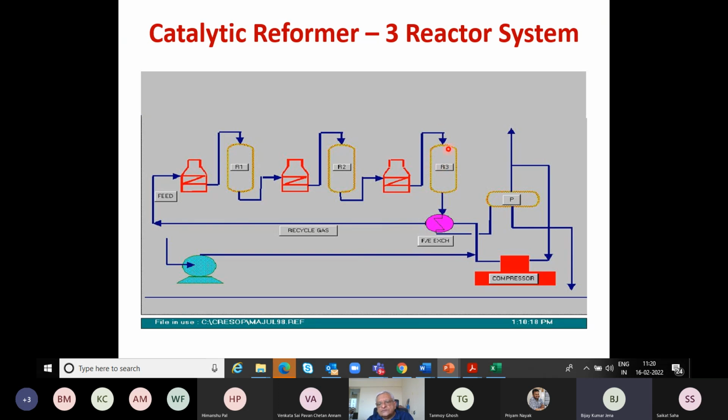So this feed goes into the reactor, and this reactor outlet is pretty hot. It is above 500 degrees Celsius. So we need to recover this heat, and this heat is recovered by preheating the feed. This is called a feed effluent heat exchanger, as you see, F_E. And this is typical.